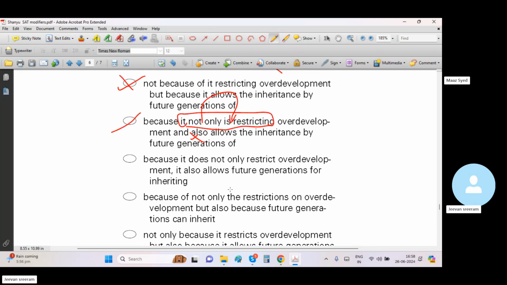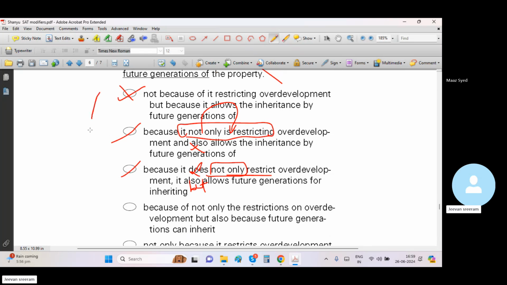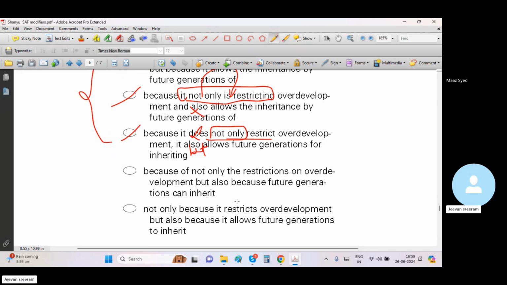Eliminate it. Because it does not only restrict, it does not only restrict. Why do we need does again? Overdevelopment, it also, but is missing. Not only but also is the fixed phrase, right, Maz? Mm-hmm. You can't see the standard phrase not only but also in the three options.